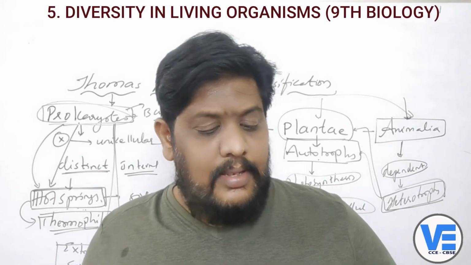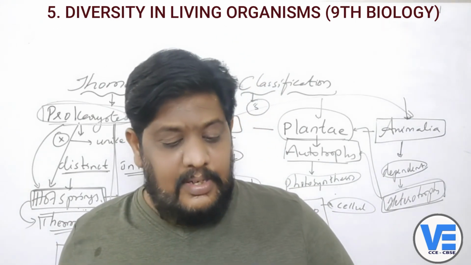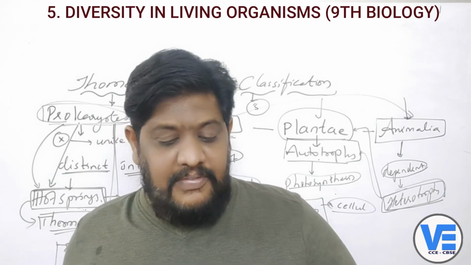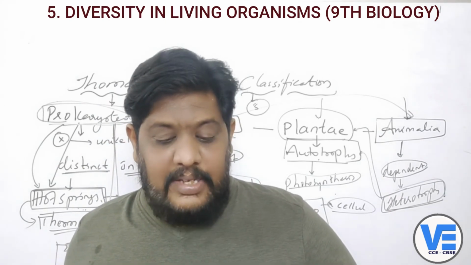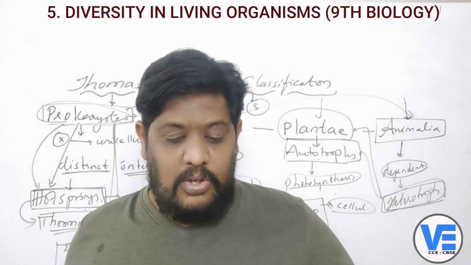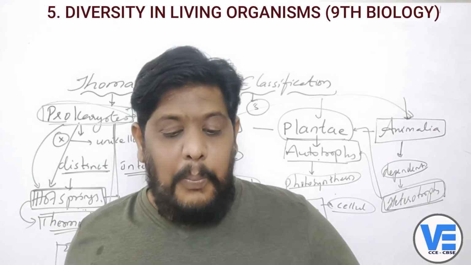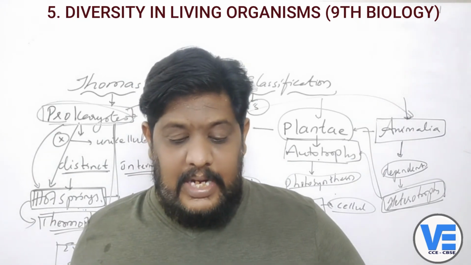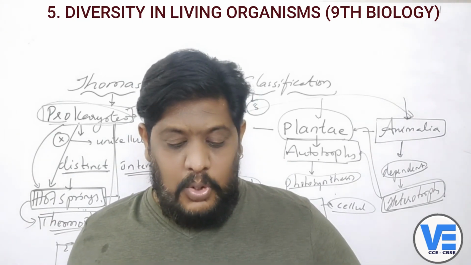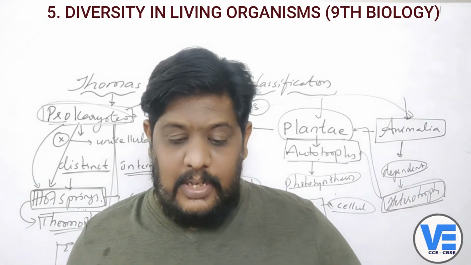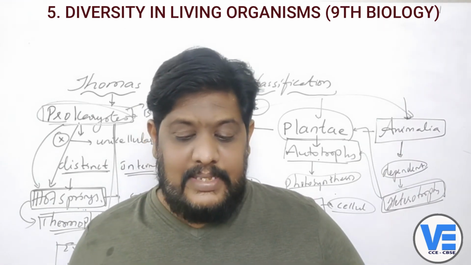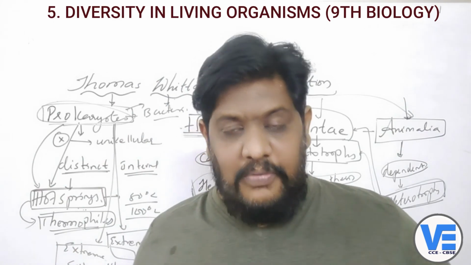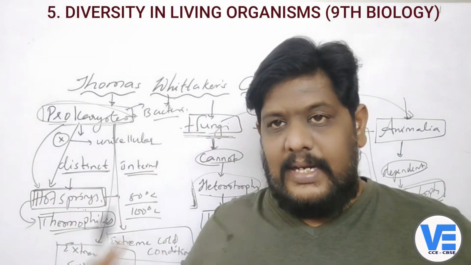Haeckel in 1866 said there are three kingdoms. Chatton in 1925 divided them into two kingdoms, Prokaryota and Eukaryota. Copeland in 1938 divided them into four kingdoms: Monera, Protoctista, Plantae, Animalia. Whittaker in 1969 divided them into five kingdoms, as we have studied till now.